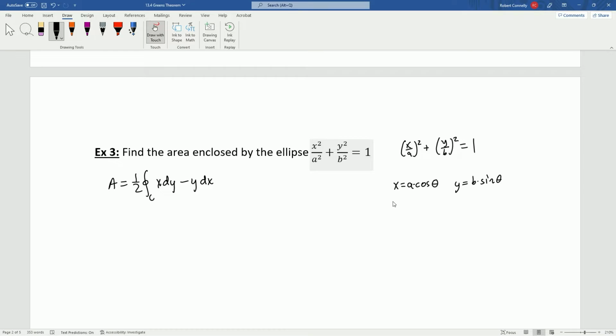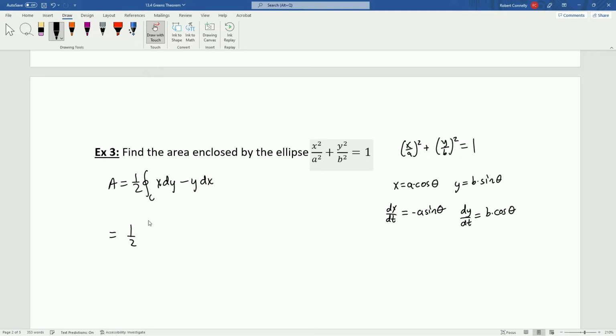Now, in order to calculate this, I need my dx/dt. That's going to be negative a sine of theta. And I need my dy/dt. That's going to be b times cosine of theta.